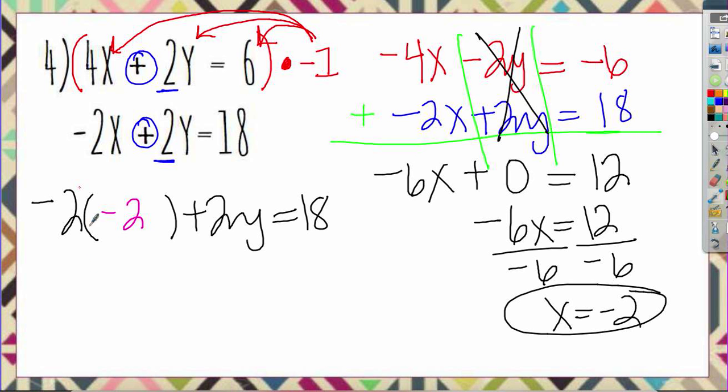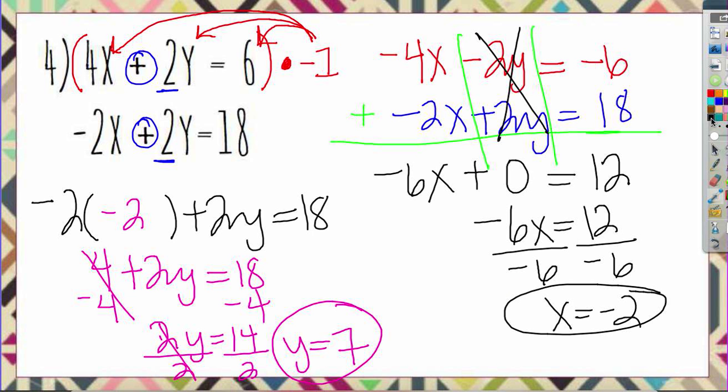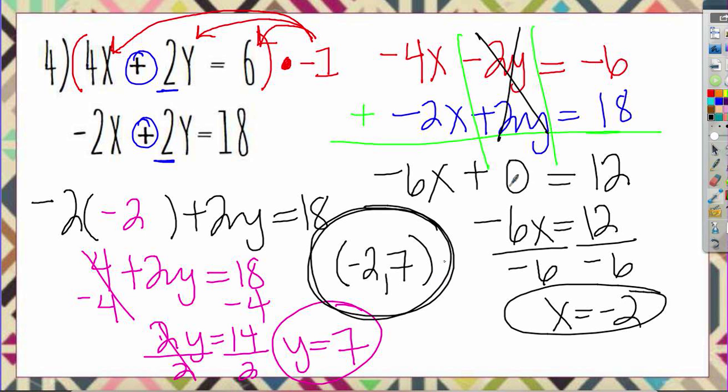So when I multiply, that's positive 4 plus 2y equals 18, minus 4 from both sides. 2y equals 14, and so when I divide by 2, y equals 14 divided by 2 is 7. So our answer has to be an ordered pair, x first, negative 2, 7. That would be our answer. That's the point where they intersect.